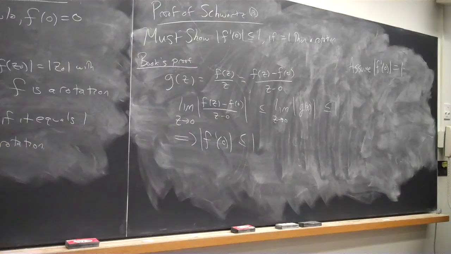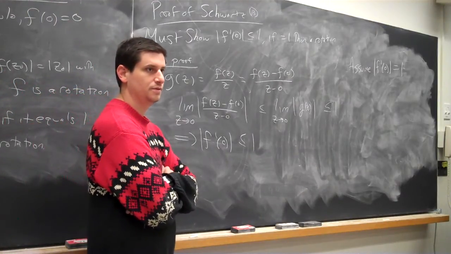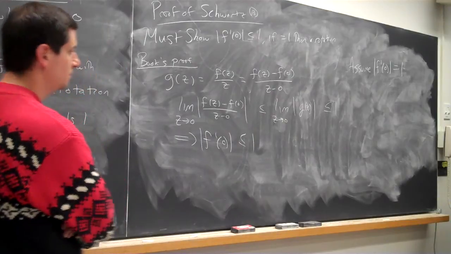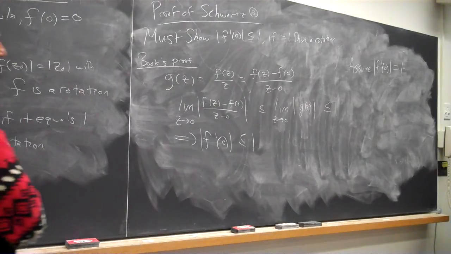So how would we get that? We've got f prime of 0 is equal to 1. What would you want to integrate?